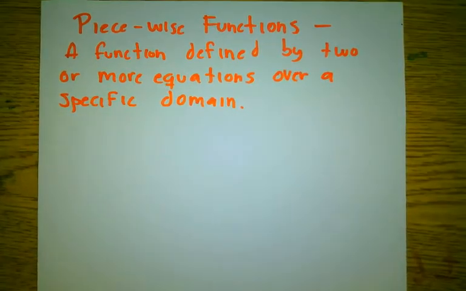Okay, so once again, a piecewise function is a function defined by two or more equations over a specific domain. Do you kind of understand that just by reading that sentence or not?